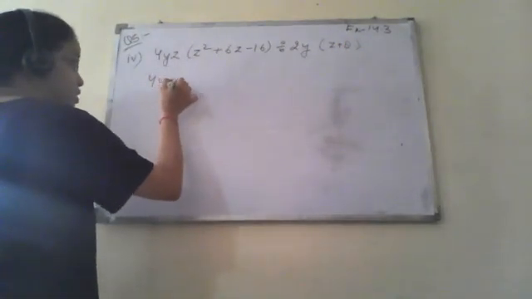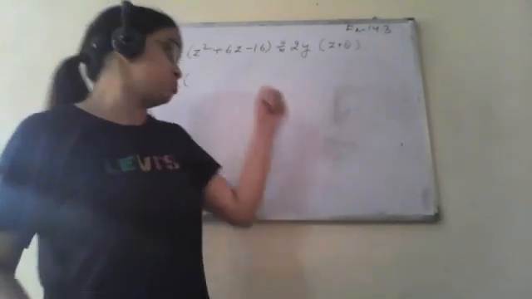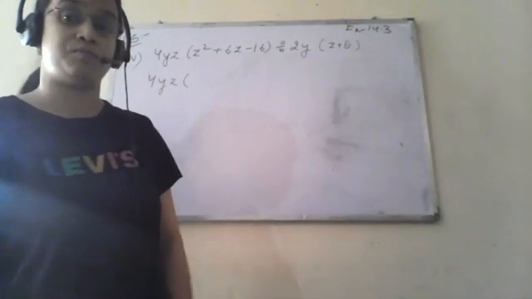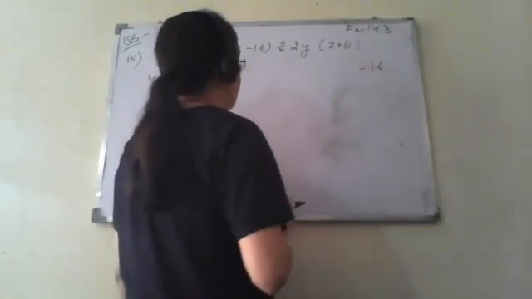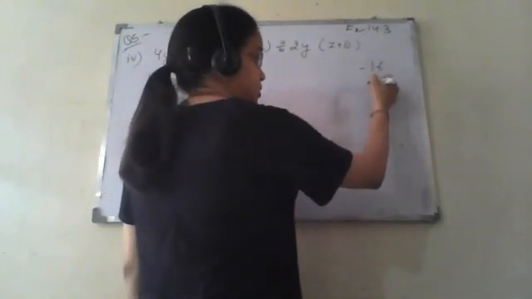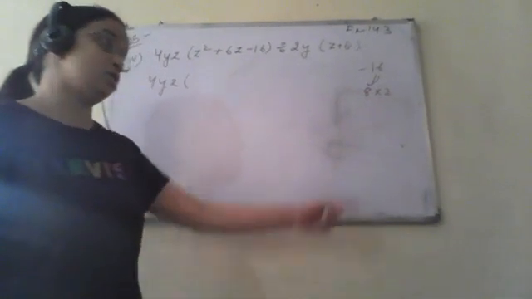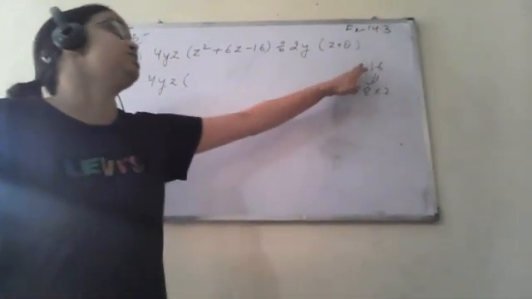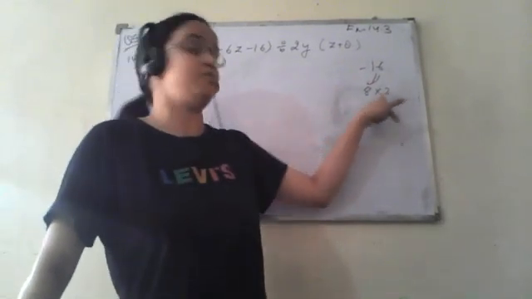This 4yz will remain as it is now. We have to split this middle term. So plus 6 and the product should be minus 16. So what could it be? It can be split into 8 into 2. If you multiply 8 into 2, the answer will be 16, but the sign here is negative, so one of the numbers must have a negative sign.